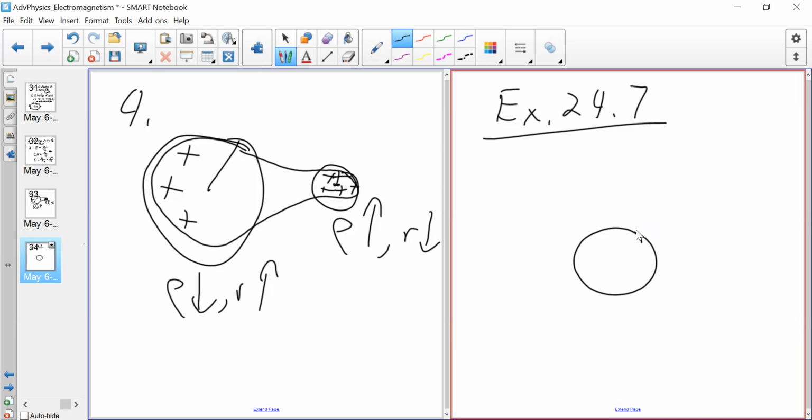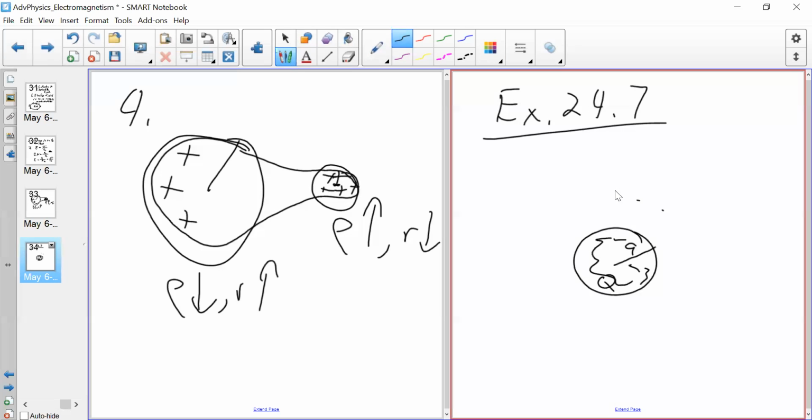So we have a picture that looks like this. We have this sphere inside this spherical shell. It has radius A, it has charge Q, and we color it in.